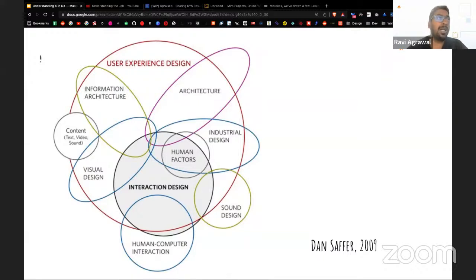Think about everything that affects the user's experience, whether that is the architecture or the information architecture. Today, if you're using a bed that has really sharp corners versus a bed where the corners have been smoothened out, you're probably not going to hurt yourself mistakenly. That's good user experience design, right?